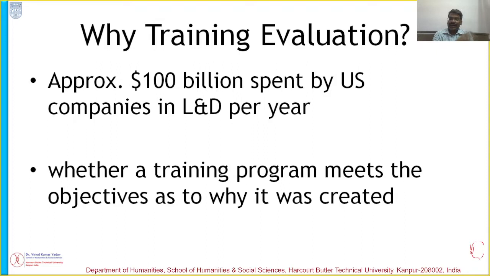Especially if you look at US, European and Japanese companies, they have very heavy investment in training and development. When they invest so much, they must understand whether the training program meets the objective for which it was created.